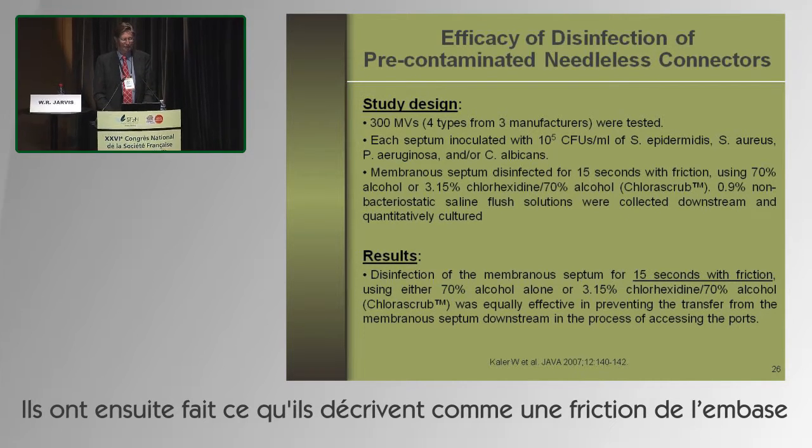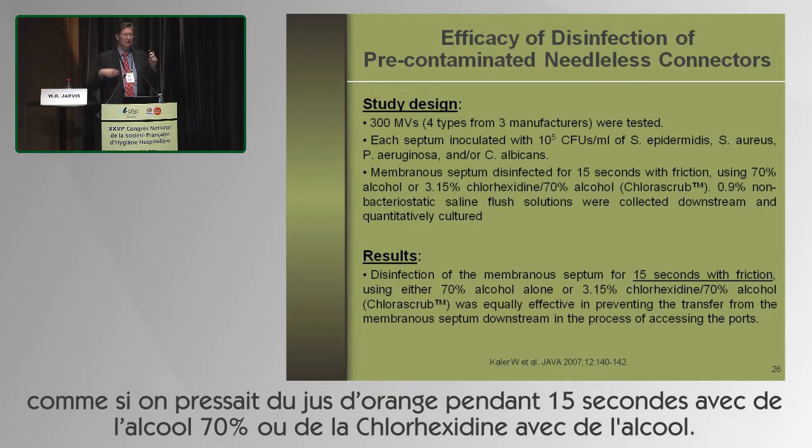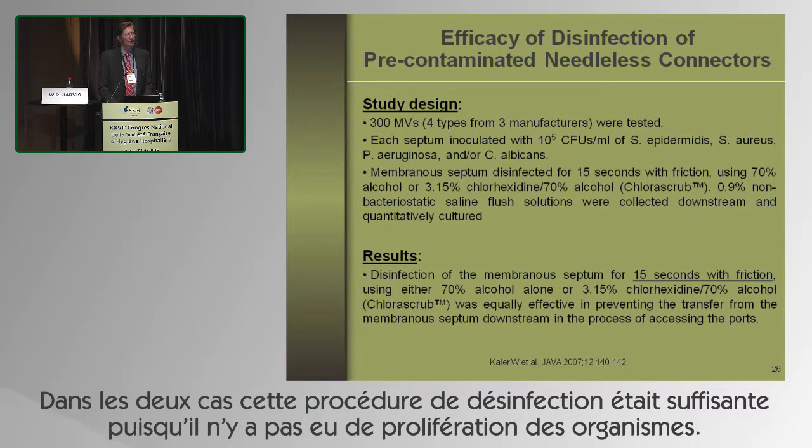They then did what they described as 15 seconds of scrub of the hub, as if you're making orange juice, for 15 seconds, with either 70% alcohol or chlorhexidine with alcohol. And when they did that, either one of those were sufficient. No organisms grew.